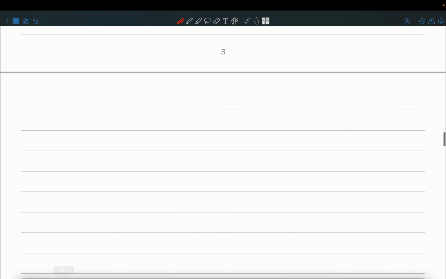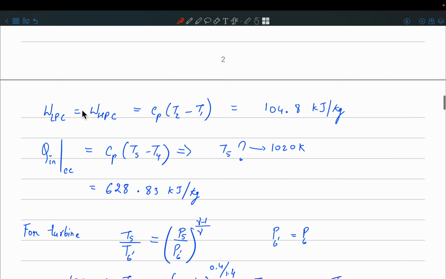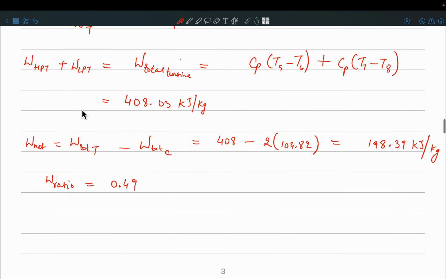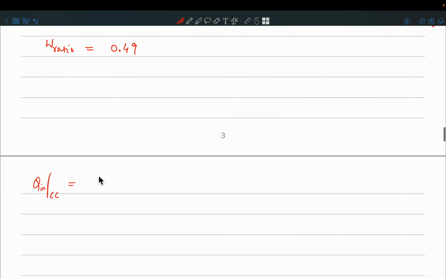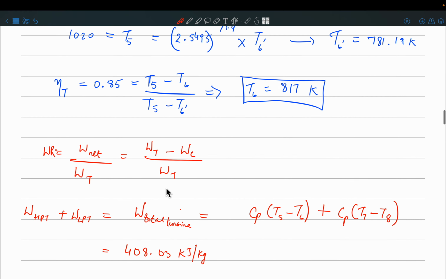Now we already found the value of the heat added in the combustion chamber, and the value was 628.83. So I'll rewrite it here, 628.83 kilojoules per kg.